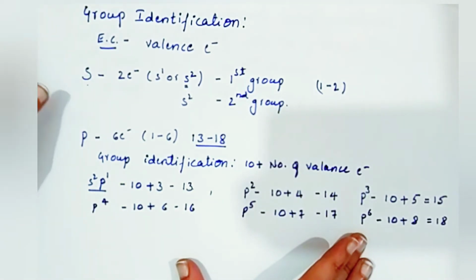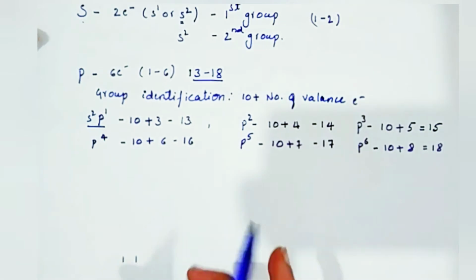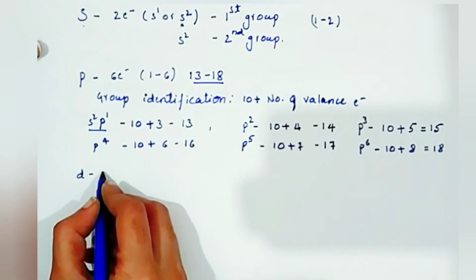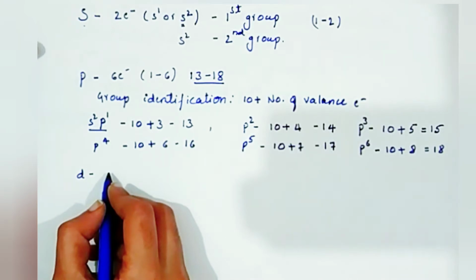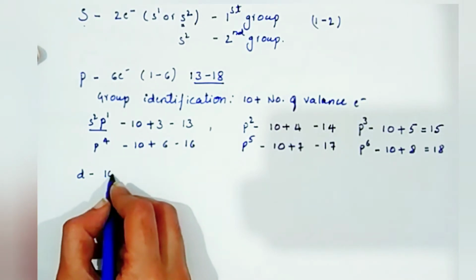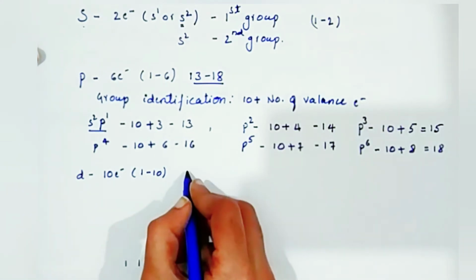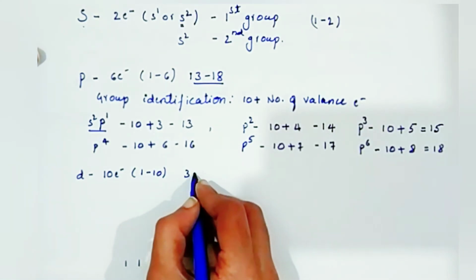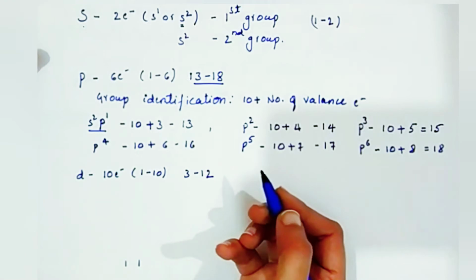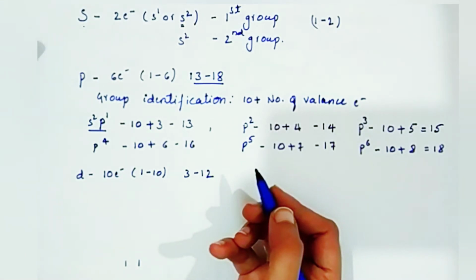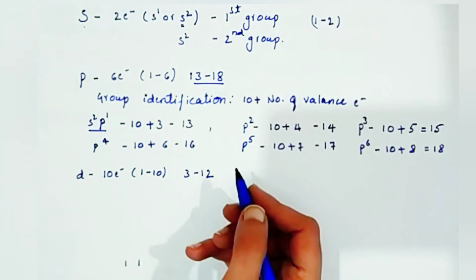Next, we will consider d block elements. If the valence electron enters into d orbital, how do we identify the group? The d orbital's maximum capacity is 10 electrons, so it may be from 1 to 10. And groups 3 to 12 of the periodic table belong to d orbital.